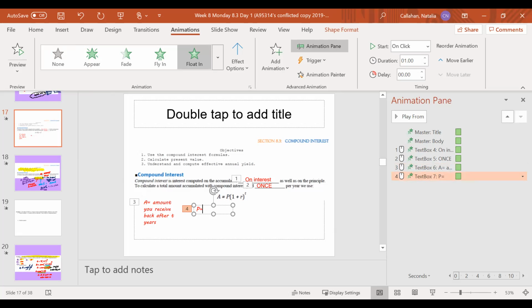P is going to be the principal deposited. It's going to be the principal or amount of money you initially deposited or taken out as a loan.